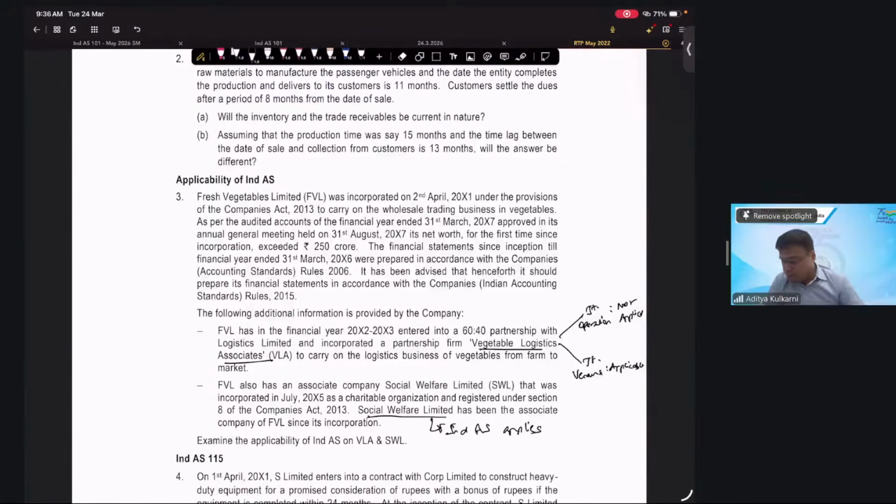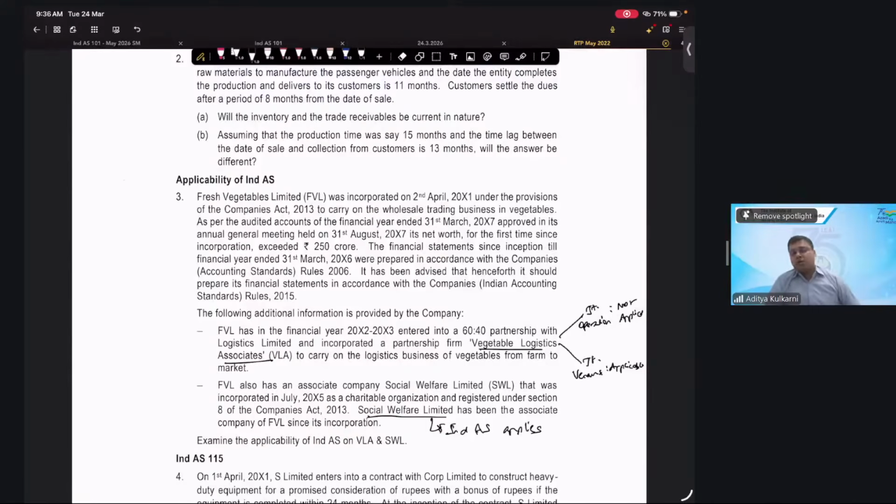But for the purposes of joint operations, you will not apply Ind AS. To what will you apply? That is the question. To what will you apply? The operation itself is not through a separate legal entity.